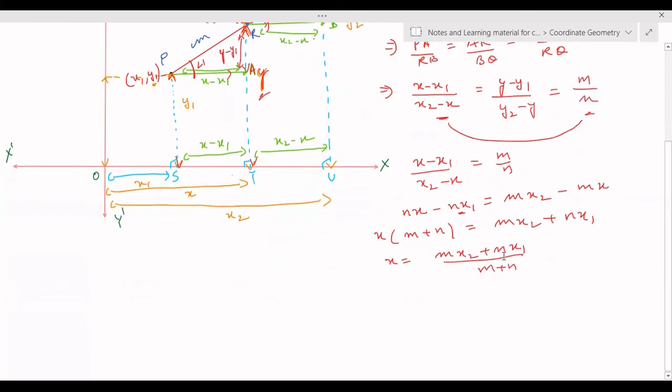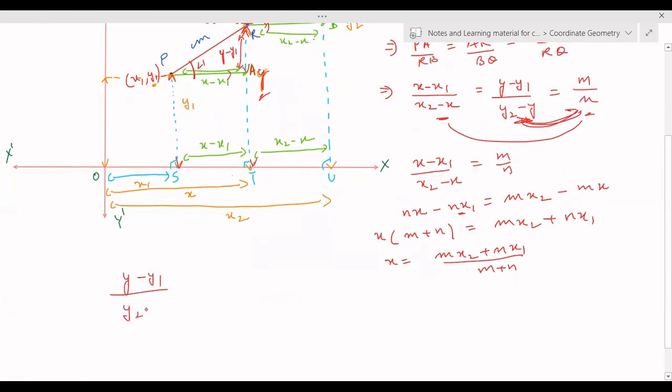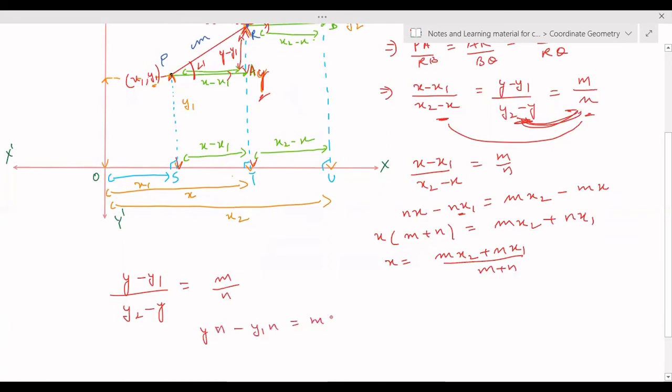Similarly, we'll use the relation m is to n and get the value for the ordinate of R. Again, cross multiplying, this becomes yn minus y1n equals my2 minus my.